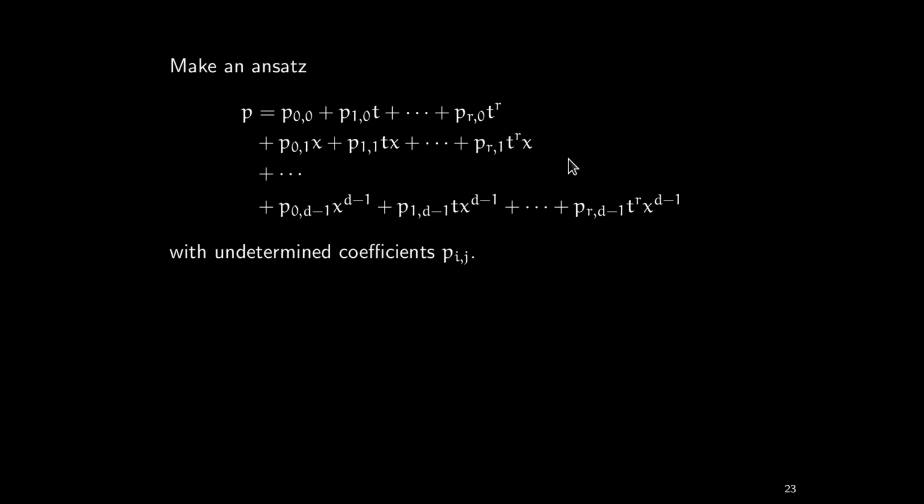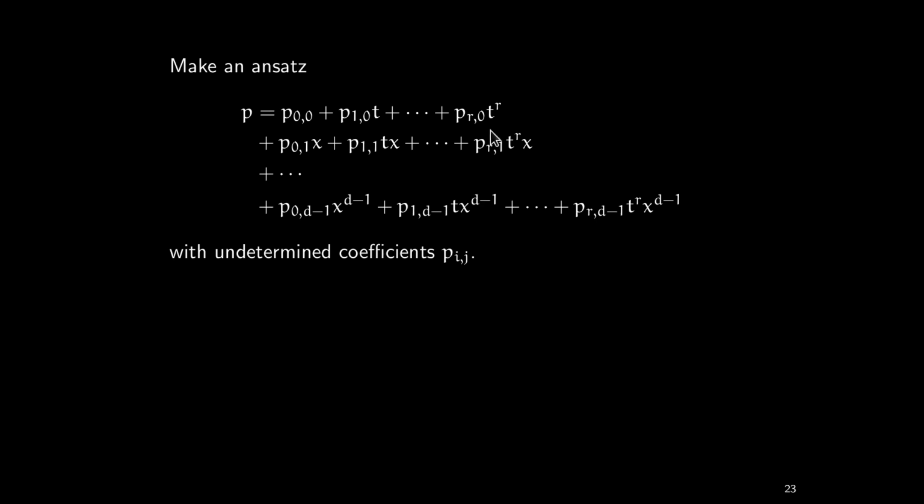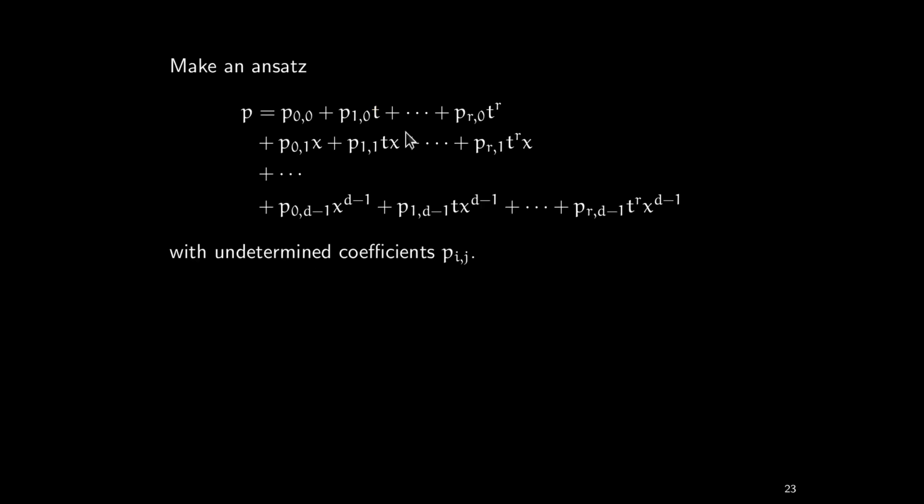Okay, now I plug for x this truncated power series solution of m, and then I get a very long polynomial in t that has some coefficients that are linear combinations of the unknown coefficients p_ij, which I don't know and want to compute. And the a's here are known, and they will also appear there.